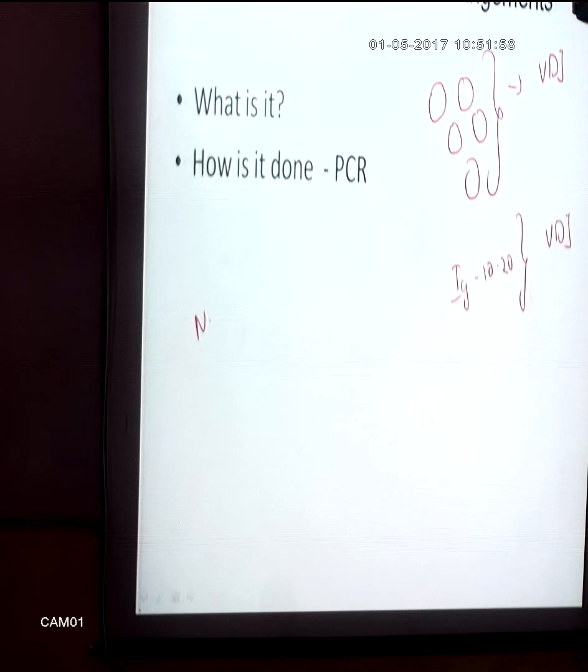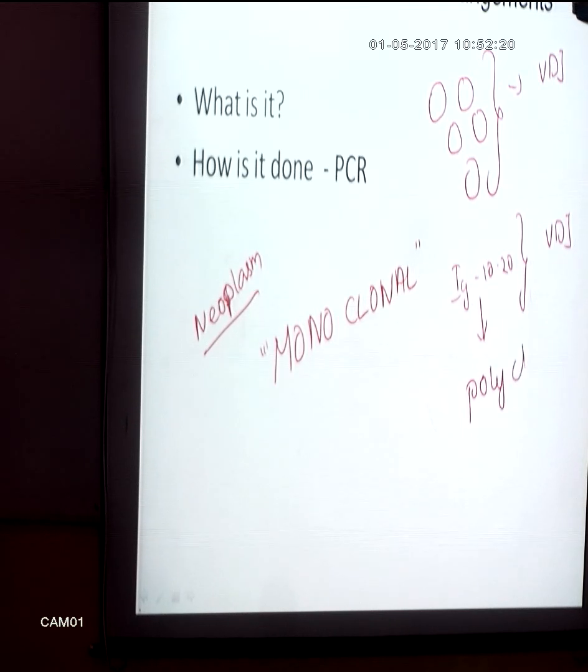We all know a neoplasm, or a tumor, is a unique thing. It is monoclonal. It's going to come from a single cell. If there's an infection, it will always be polyclonal.